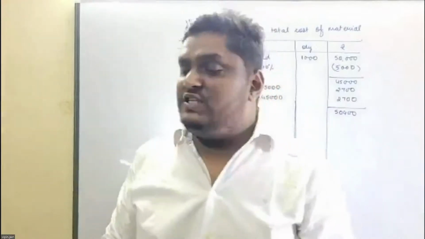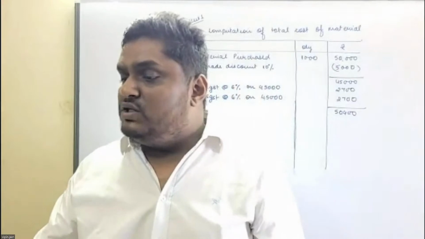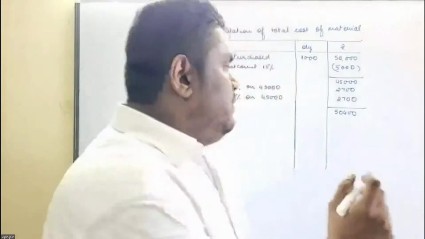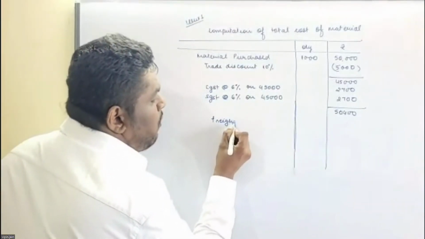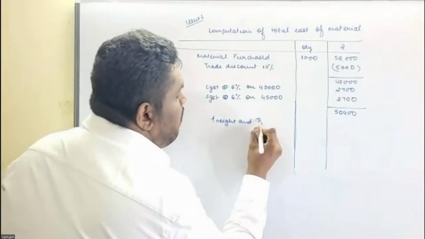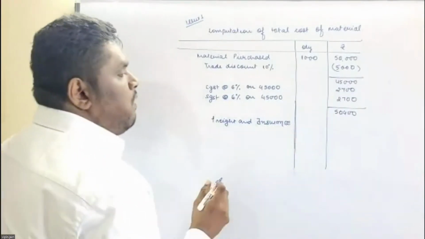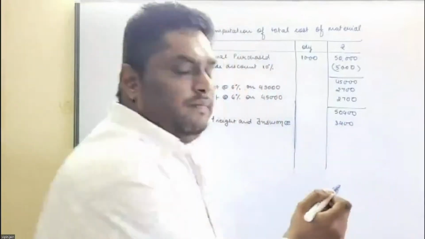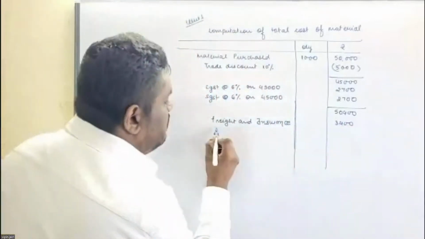Now there are certain expenditures that are incurred apart from the purchase price. So let's start, guys. Freight and insurance, yes, it will be added to the cost. Freight and insurance amount is 3,400. Thereafter, toll tax paid 1,000.